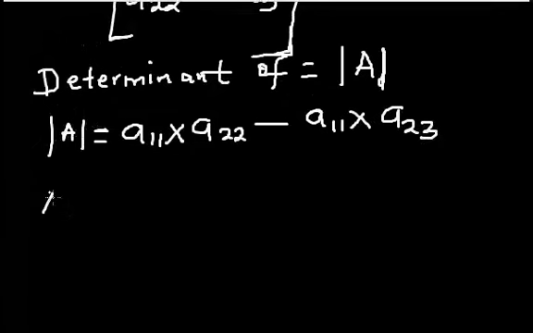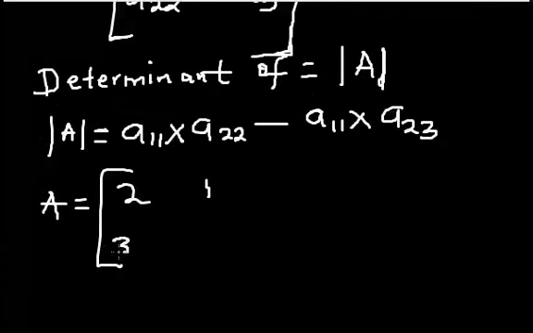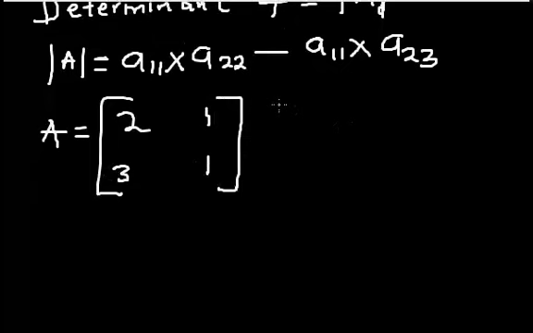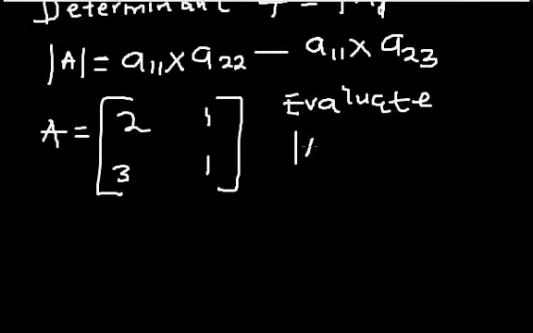Let's just look at an example. Let's say we have 2, 1, 3, 1. If you are being asked to evaluate the determinant of A, all you're going to do is start with the major diagonal.